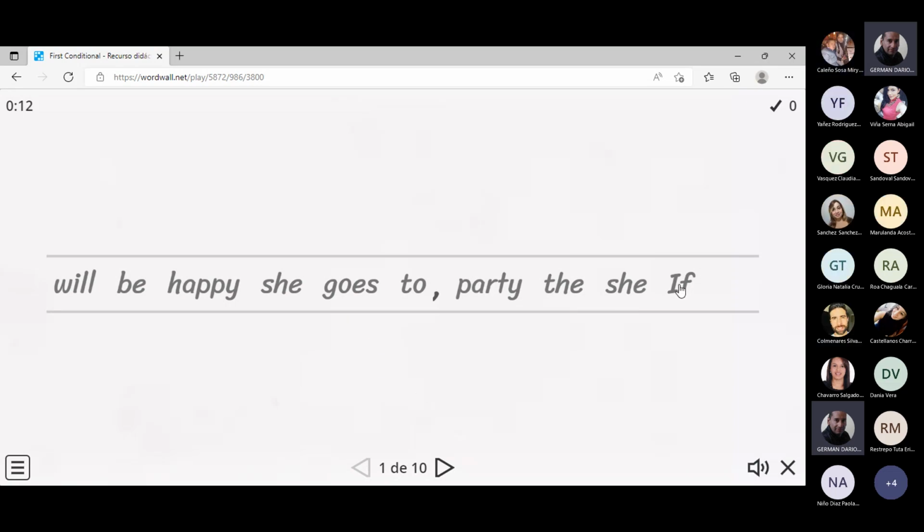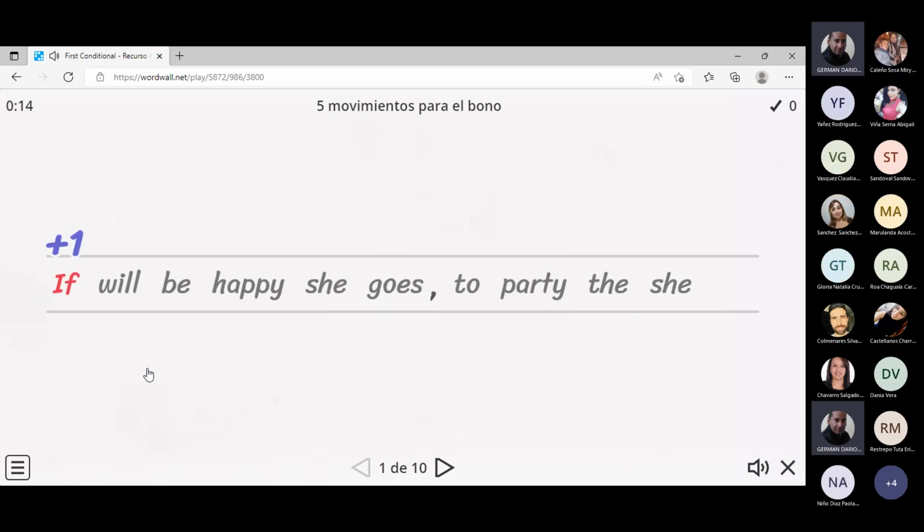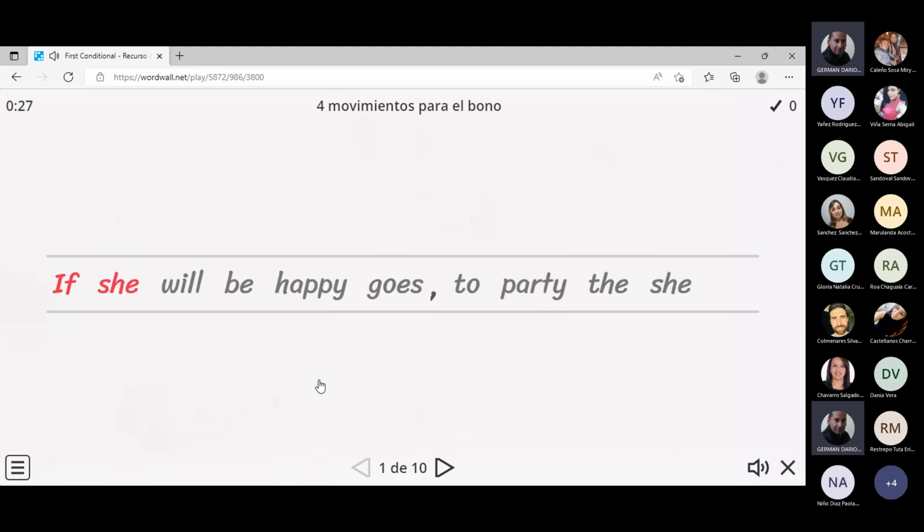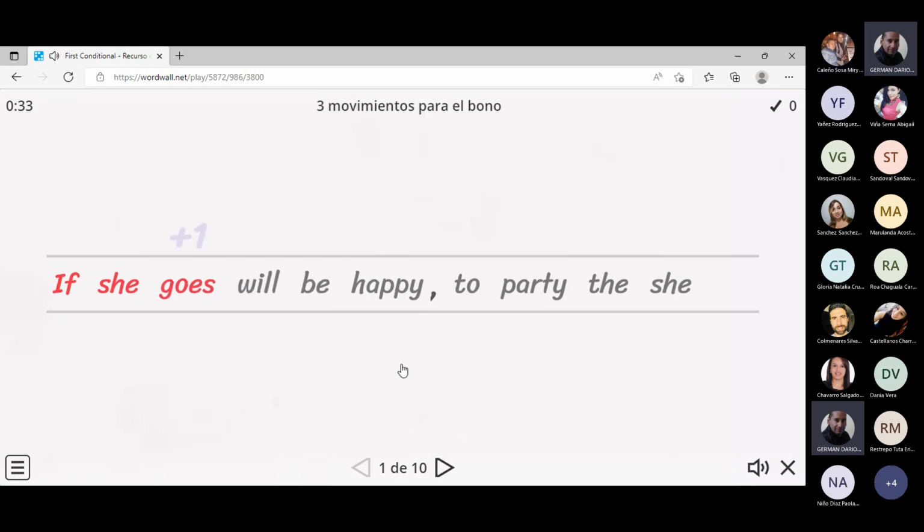If, ay, no. Entonces, no, sí, sí. Si se pone colorcitos porque está bien. If, okay. If she goes. Yes, if she goes.